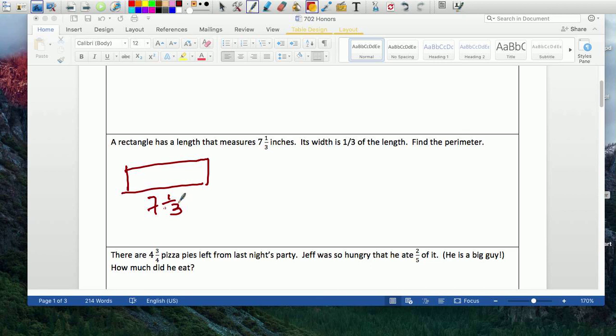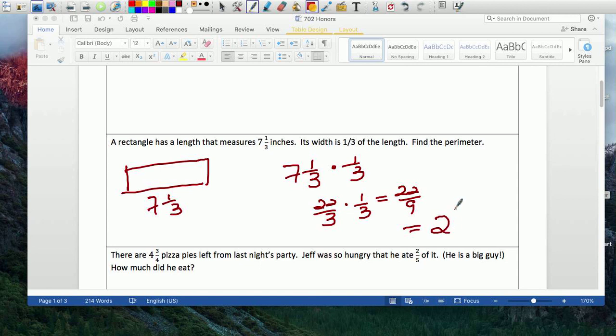So I can divide it, or I can multiply 1/3 times 7 1/3, which is the same thing as dividing it by 3. 3 times 7 is 21, so 22 over 3 times 1 over 3. And that's going to be 22 over 9. And 9 goes into 22 2 times with 4 left over, 2 and 4/9. So my width is 2 and 4/9.